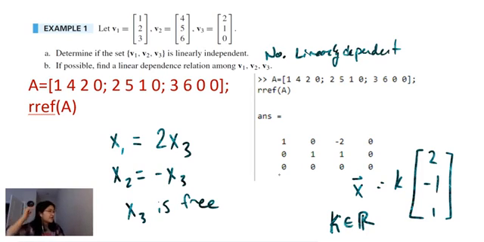So, how can we find a linear dependence relation among these? Well, let's just choose any k. Do you want to choose like 7? Sure, let's choose 7.